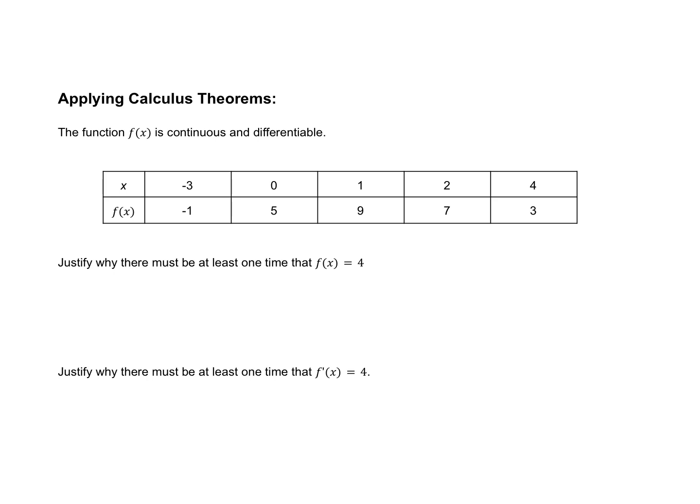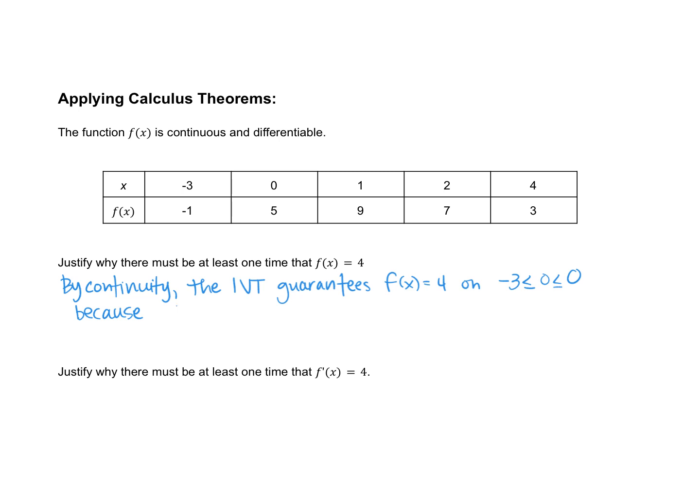Okay, so due to continuity, so by continuity, the IVT guarantees that f is equal to 4 on the interval, he says negative 3 to 0, because f of negative 3 is equal to negative 1, and f of 5 is equal to 4, equal to 5. And f of x equals 4 would be between.